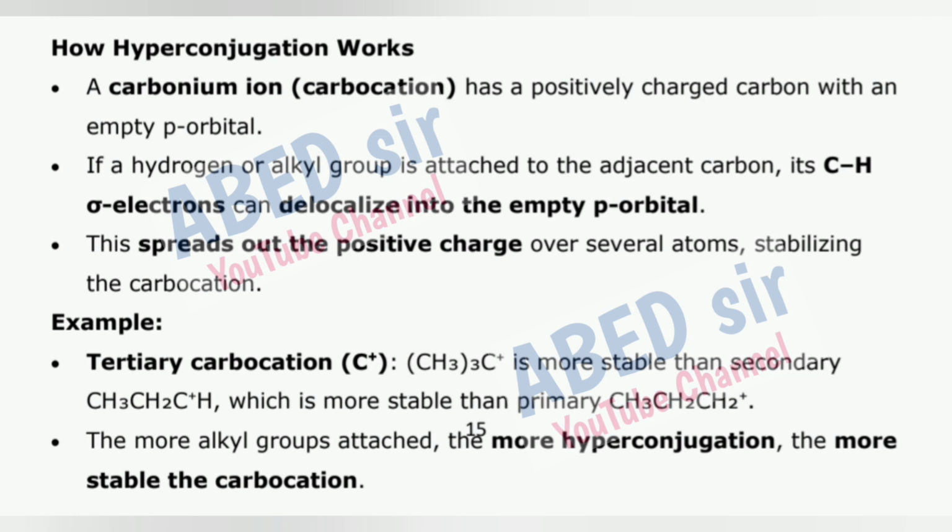This spreads out the positive charge over several atoms, stabilizing the carbocation. Example: a tertiary carbocation, (CH3)3C+, is more stable than a secondary, which is more stable than a primary. The more alkyl groups attached, the more hyperconjugation, and the more stable the carbocation.